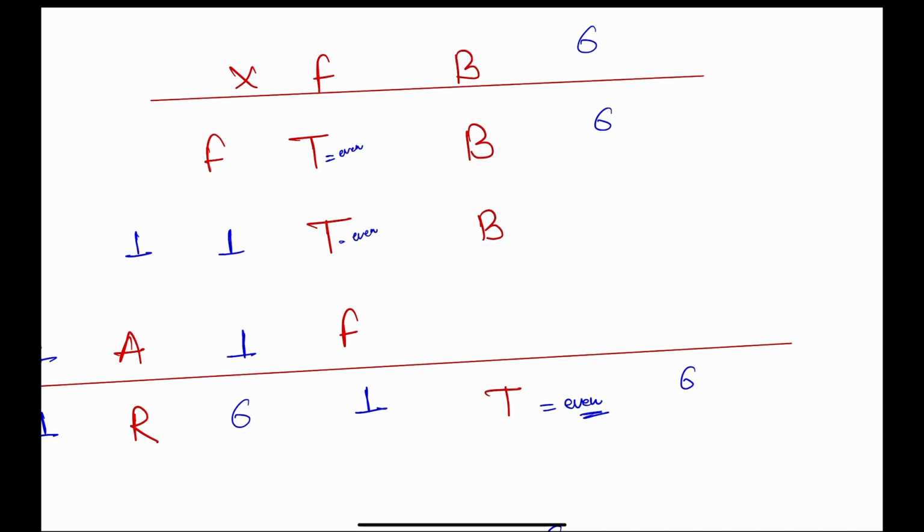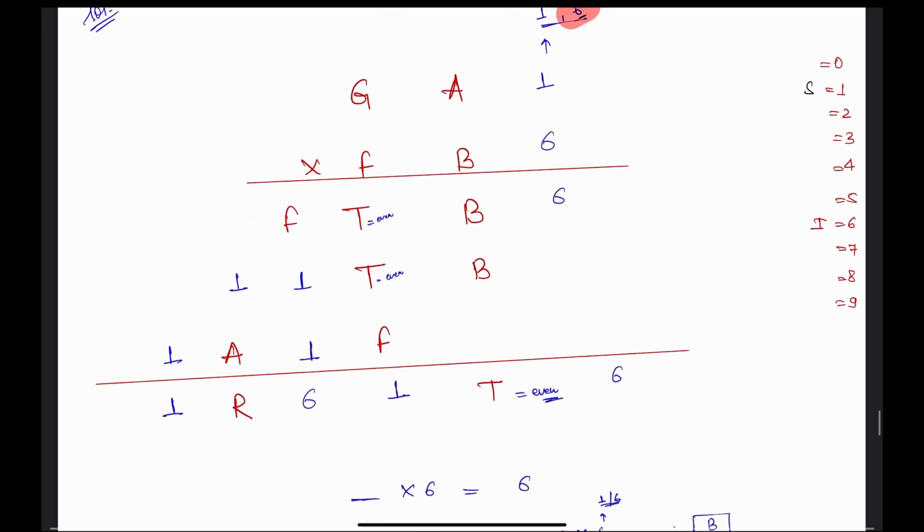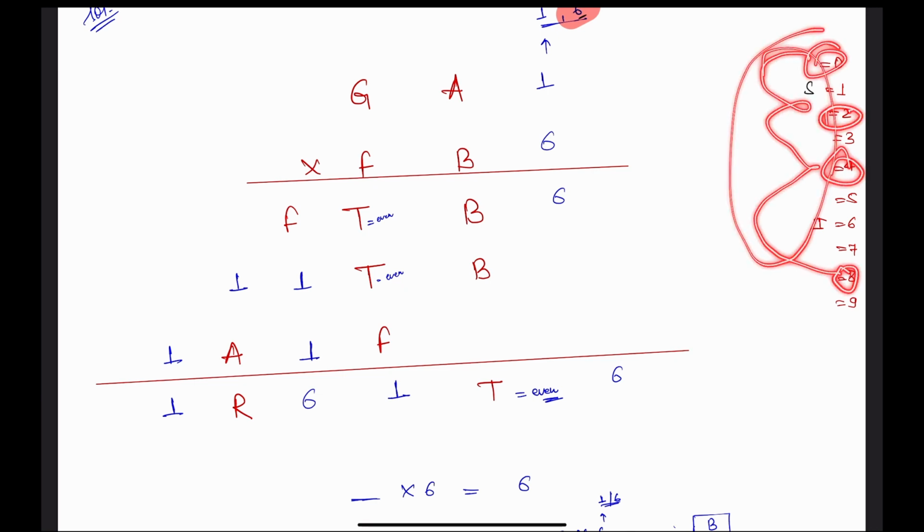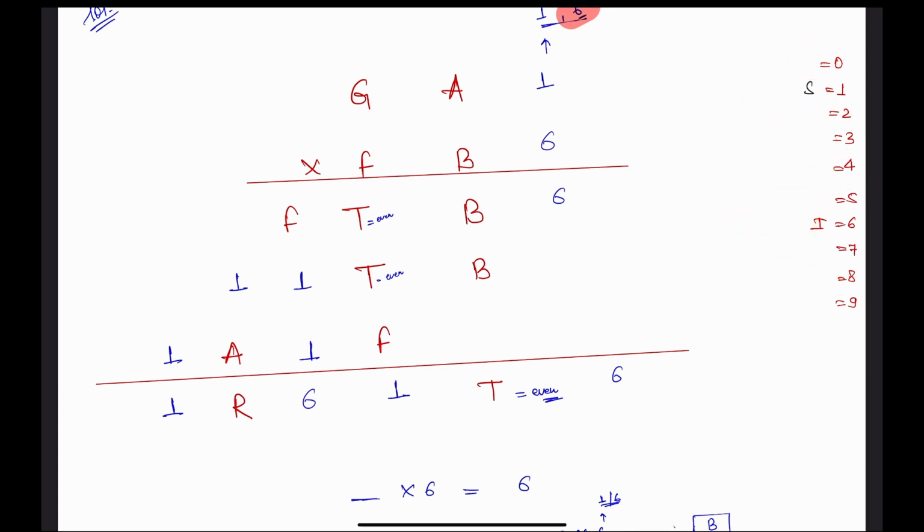So even plus F becomes odd. So there could be a possibility that 1 is coming as a carry, so we cannot deduce whether F is even or odd. We cannot comment on that part, but we know T is even. So 0, 2, 4, 8. So this value of 2 is left.